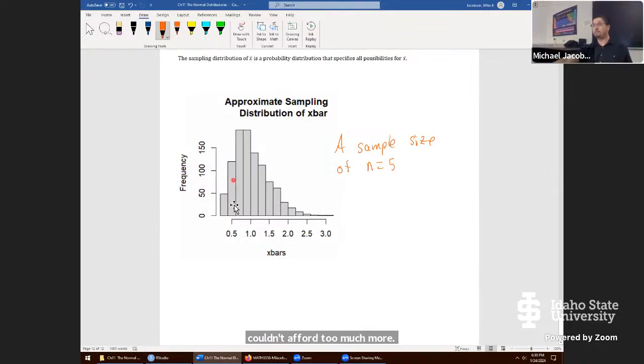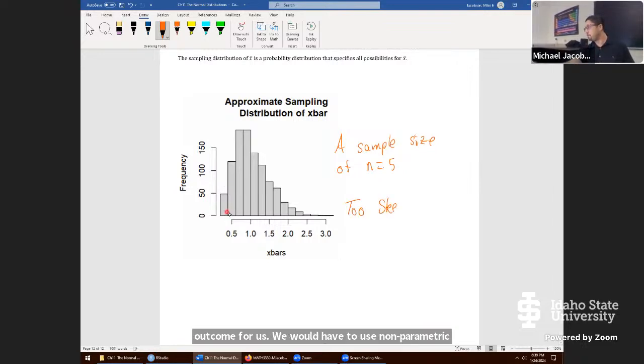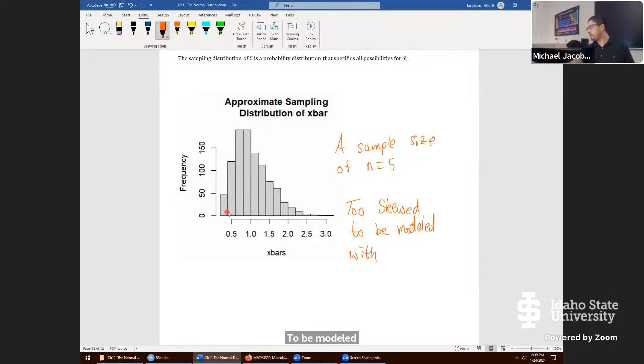And this is not a great outcome for us. We would have to use non-parametric methods in this situation, since this is too skewed to be modeled with a normal model with some value of mu, some value of sigma.